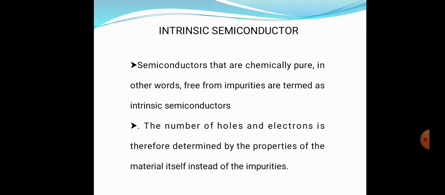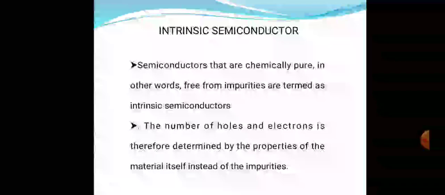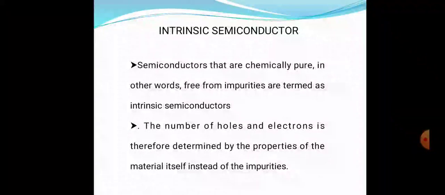In an intrinsic semiconductor, the number of electrons in the conduction band is always equal to the number of holes in the valence band. In a nutshell, an intrinsic semiconductor is a pure form of semiconductor, and the number of electrons and holes is always equal to each other.